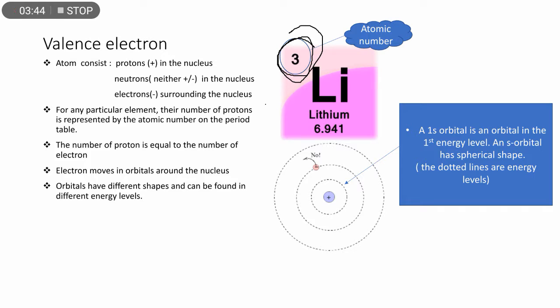And on the third energy level, we find a 3s orbital and a 3p orbital. With some addition to the knowledge, an orbital is said to be the region in space around the nucleus where electrons are most likely to be found.